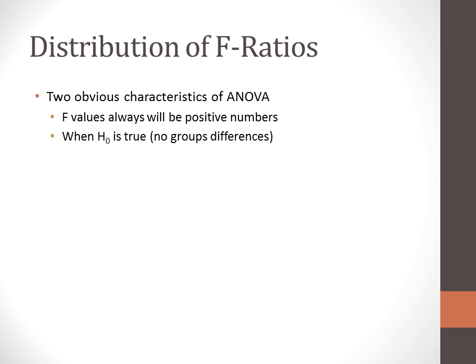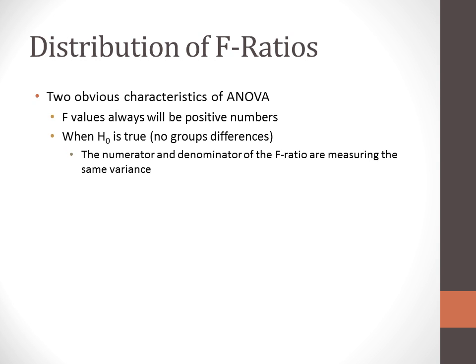When the null is true, the numerator and the denominator of the F ratio are measuring the same variance. The two sample variances should be about the same size, so the ratio should be near 1. In other words, the distribution of F ratios should pile up around 1. Thus, we need to use the F distribution table for analysis of variance.